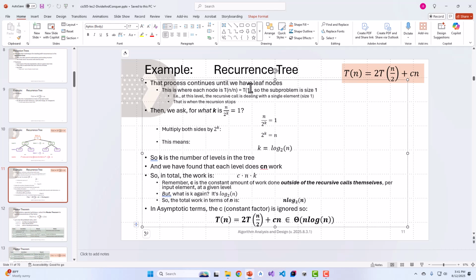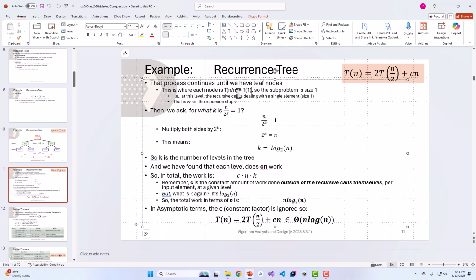So it's constant work at that particular subproblem. At this level, the recursive call is dealing with a single element of size 1. So it's not constant in that respect. It's actually going to be 1 times c, or 1 times n. So that's going to end up being n work.